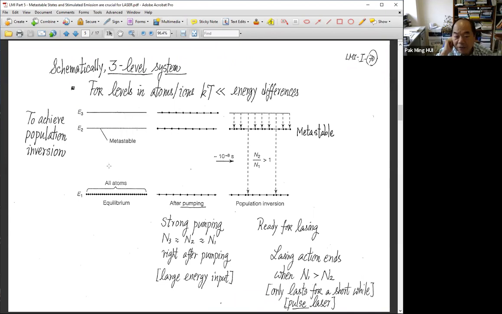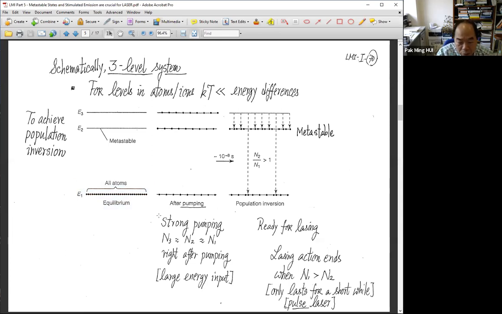The idea is as follows. At equilibrium, that is not lasing yet, due to usual difference in this maybe eV level, and thermal energy is just 0.05 eV, okay? That is a number to keep in mind. Therefore, at thermal equilibrium room temperature, you have some ions, some atoms usually in the lower state.